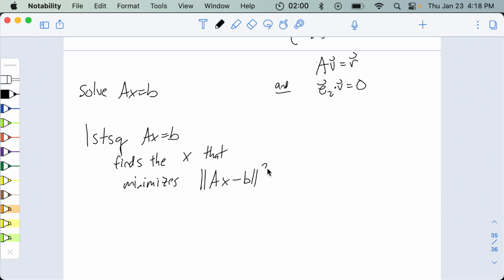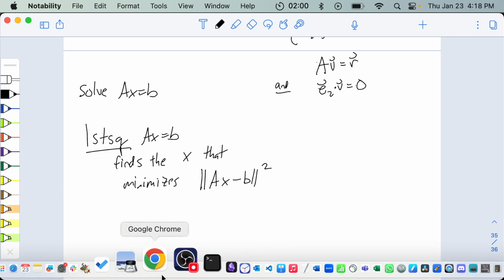It actually minimizes the norm of Ax minus b squared. And so if that is not 0, it'll still return an answer. So least squares is like a slightly more generalized version of solving where you're allowed to find approximate solutions that are not the exact solution. That can be very nice sometimes. And in this particular case, it's nice because it lets you do non-square matrices. So if you do that, it will work just fine.